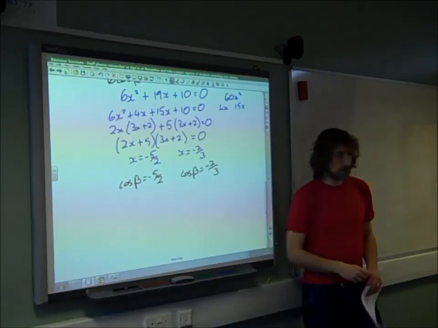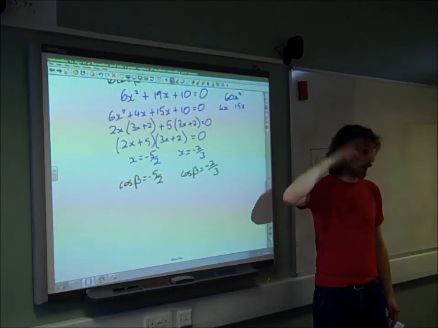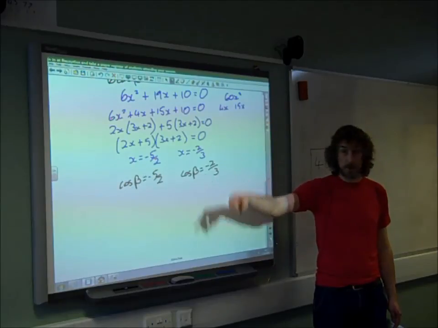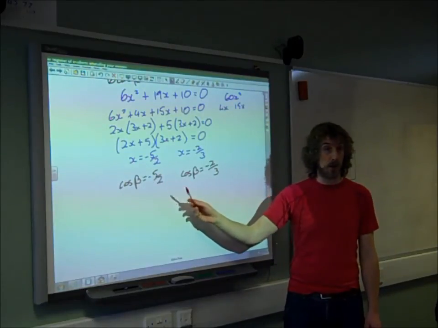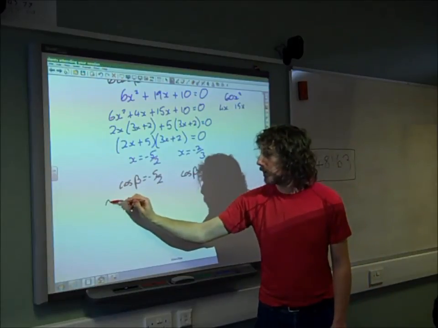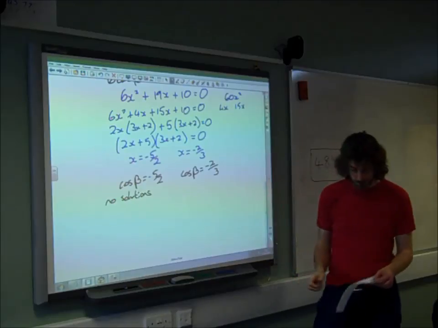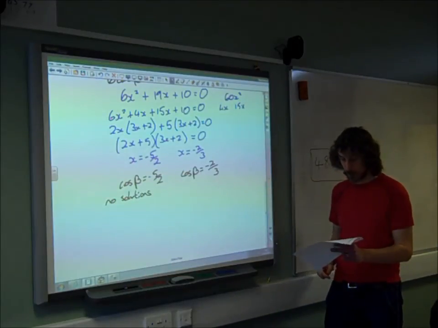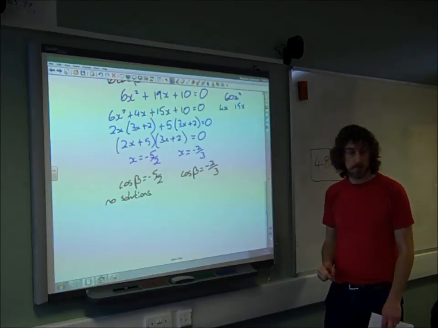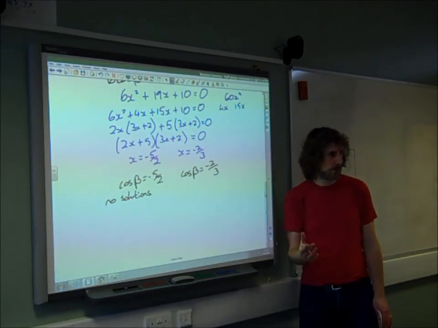But of course, cos is just, if you think of the graph, it's just going between plus and minus 1 all the time, isn't it? And oscillating like that. So cos of beta can never be minus 2.5. So that one has no solutions. We're not going to bother with that one anymore. We're left with cos beta equals minus 2 over 3. We just want to check, does that have any solutions?